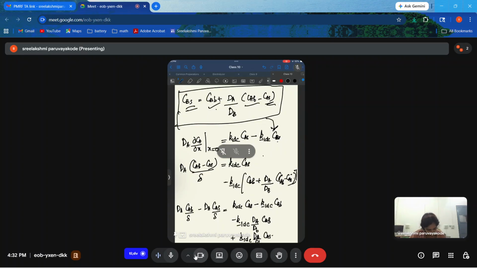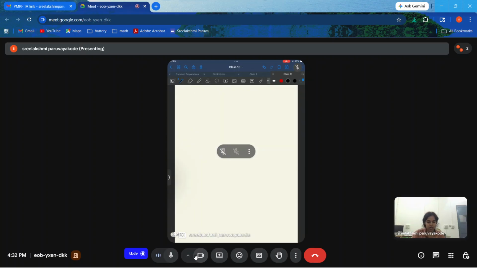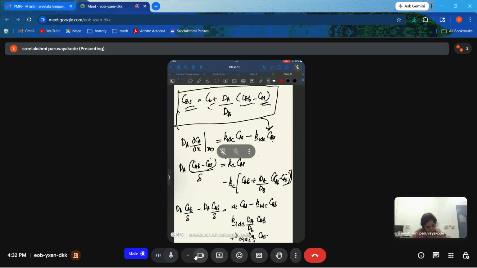Okay, you have got this much. Now the next step is to write down all the terms with Cas on one side. And once you rearrange it, which you will have to do, because of time limitation I'm not doing it. So I will just give you the idea.